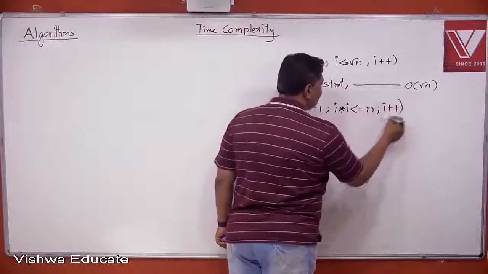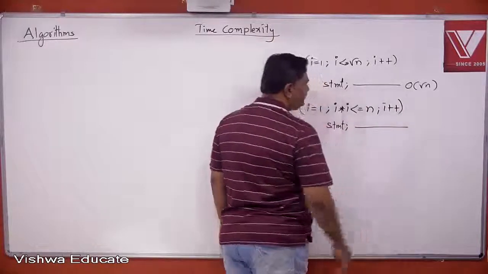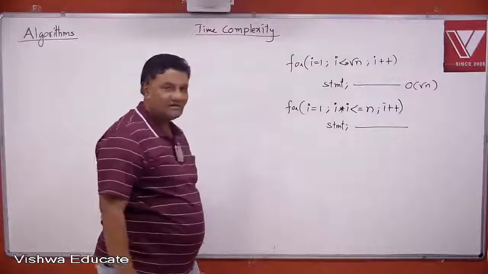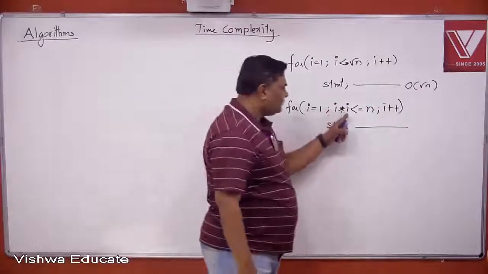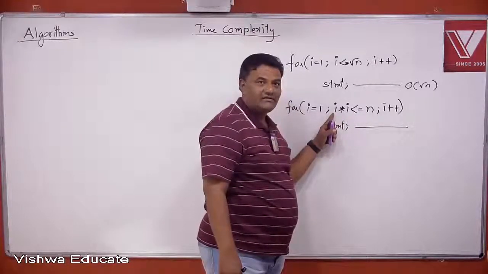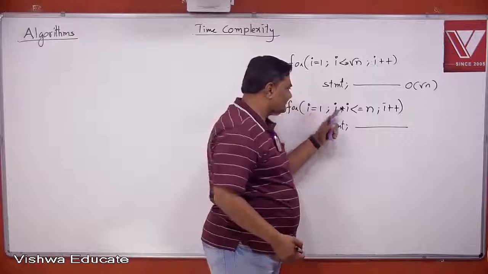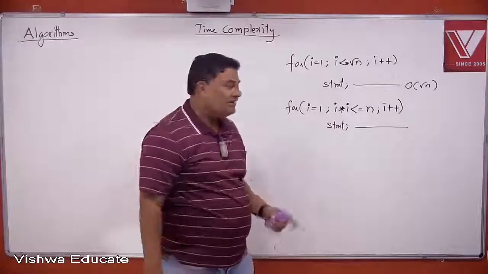I plus plus. How many times? I into I less than or equal to n, I into I is nothing but I square. We want how many times it will execute. So means up to what value of I it will go.